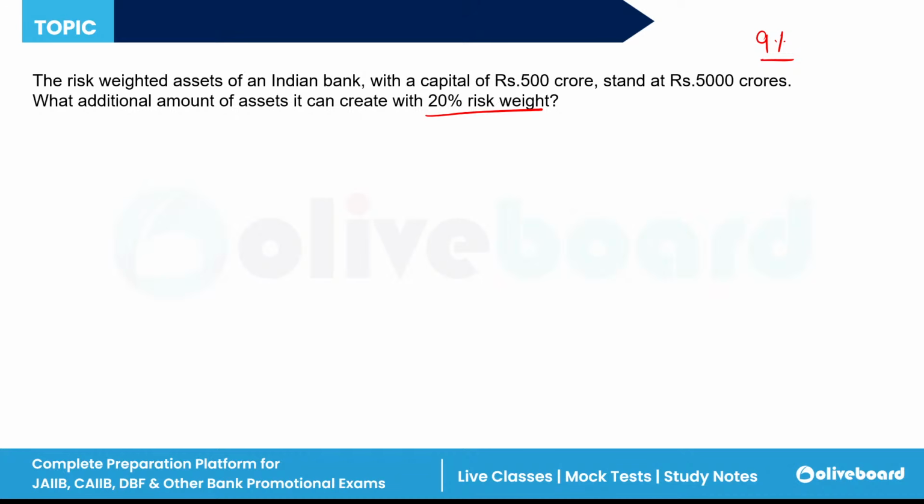In this question, first find the risk weight asset, right? And the capital is given apart from this, which stands at 5,000 crore. So we have to find the additional amount. The minimum capital requirement is 9%.